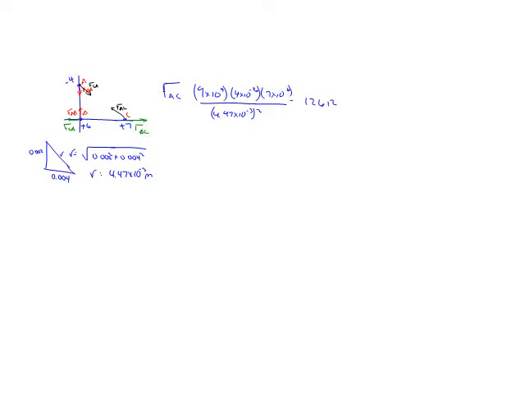Okay, next one, the force of A on B. It doesn't matter what order you do these in, that's just what I was thinking of next. 9. A is 4. B is 6. And the distance between them is 0.002 squared.